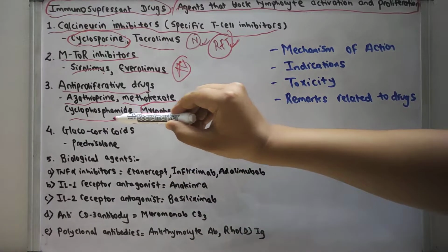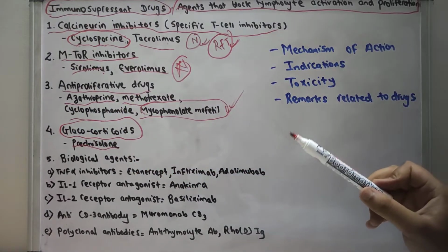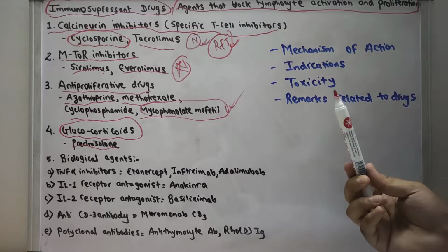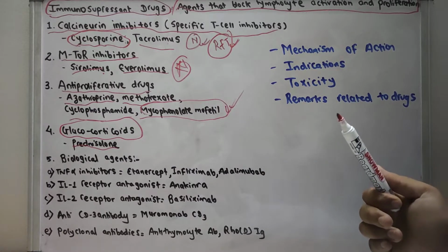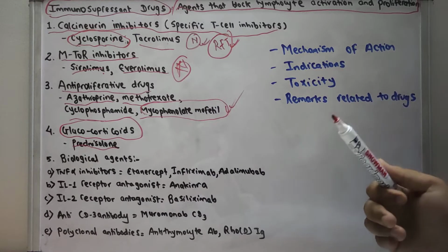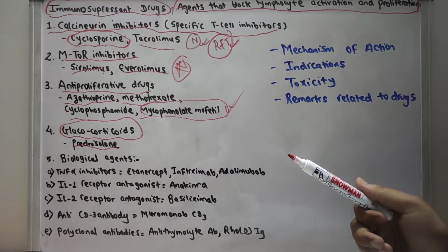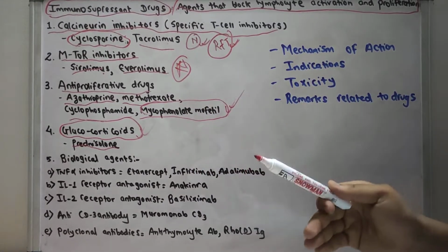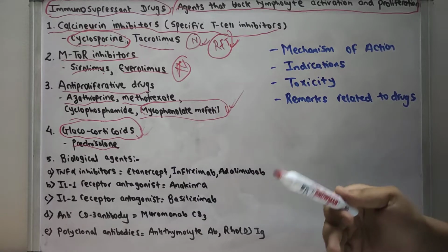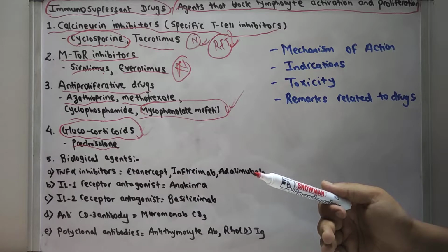Now let us talk about the glucocorticoid, which is prednisolone. The glucocorticoid inhibits nuclear factor kappa B, which suppresses both B and T cell function by decreasing the transcription of many cytokines, which induces T cell apoptosis. The indications of glucocorticoids are many autoimmune and inflammatory disorders, adrenal insufficiency, asthma-like conditions, CLL, and non-Hodgkin lymphoma.